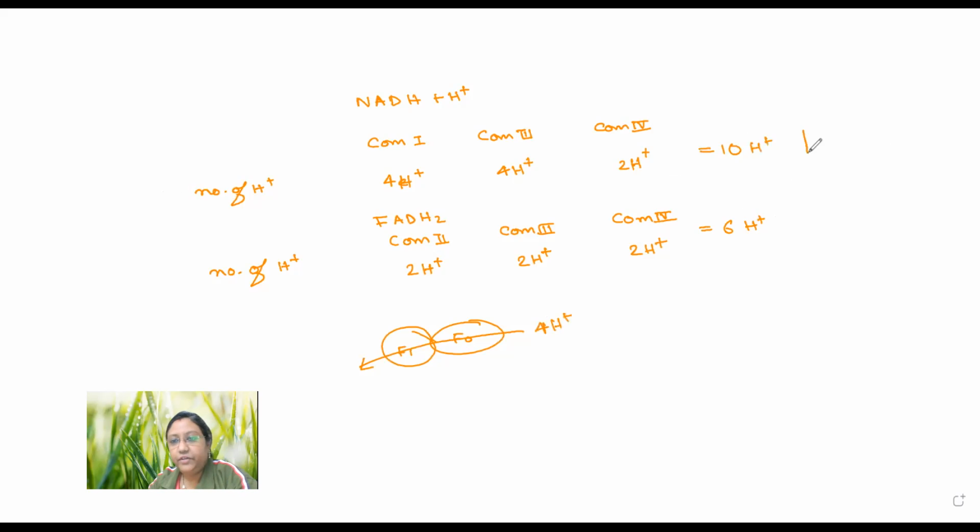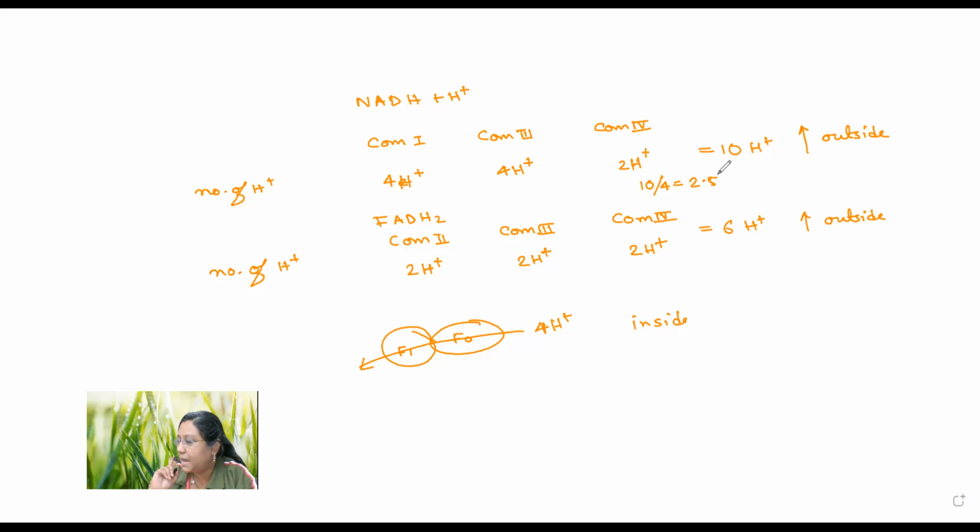So it will go outside, this will go outside and this will go inside. So if I calculate in case of NADH plus 10 divided by 4, what is the value we get? It is 2.5. Why 10 divided by 4?